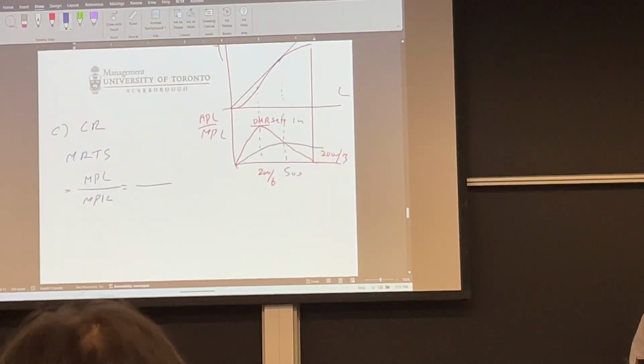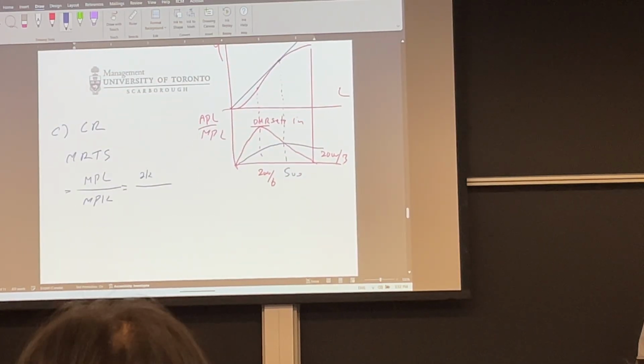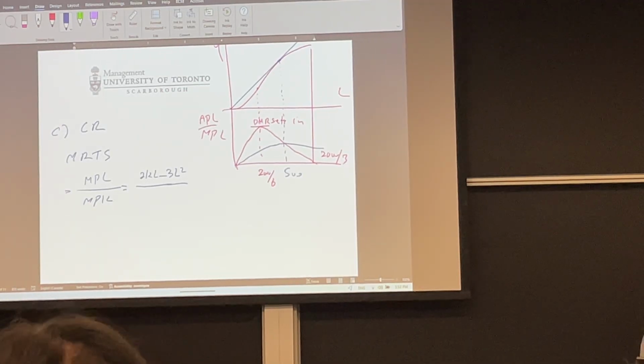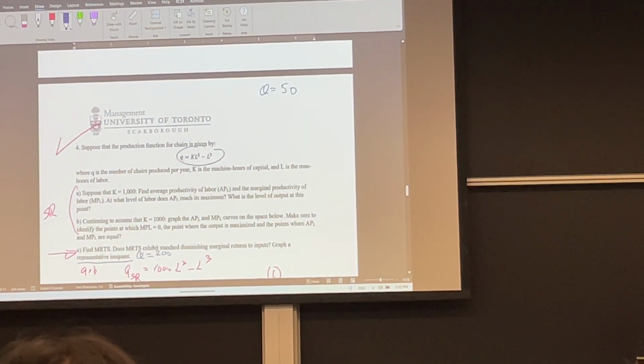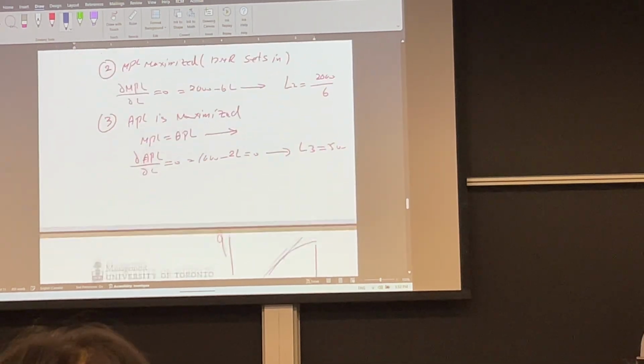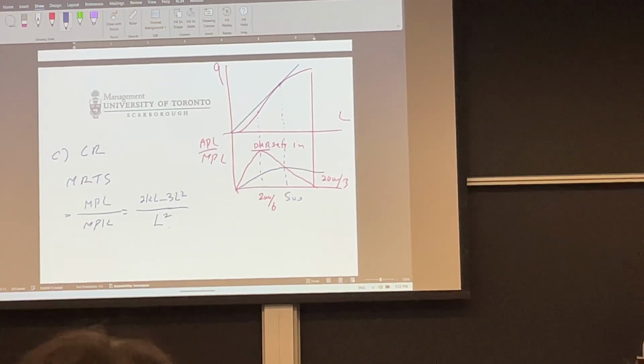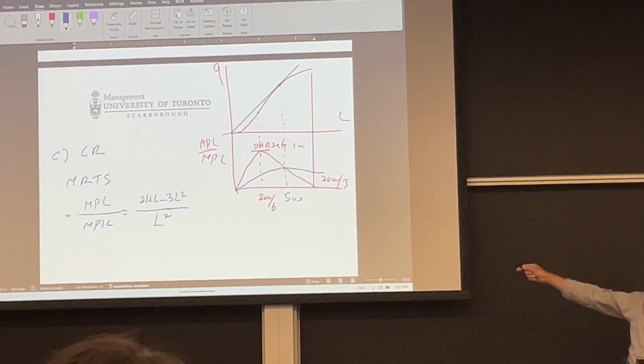2KL minus 3L squared. That's MPL. Make sense? What is MPK? L squared. MPL over MPK. Make sense? Okay. Question for you. Starting with the capital.